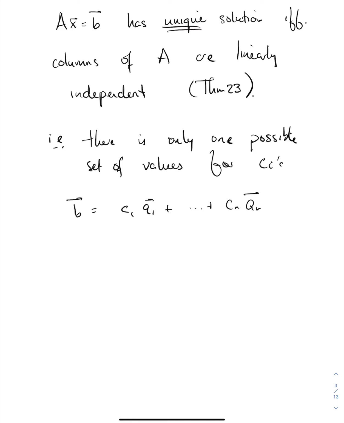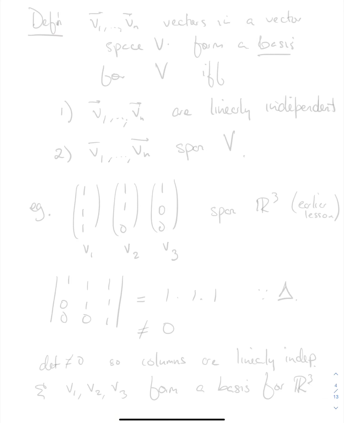Let's gather these ideas to what we've been working towards, the idea of the basis. Definition. Say v1 through vn are vectors in a vector space V. They form a basis for V if and only if these two things happen.